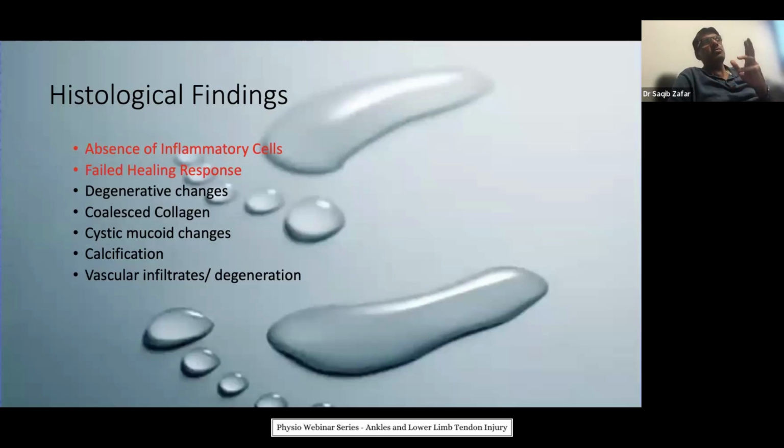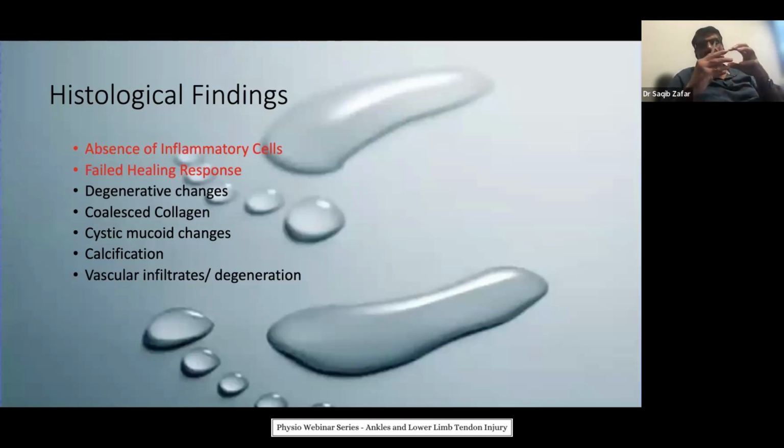Rather, it was shown that it is a tendon which has been under undue, unnecessary stress, or a tendon which has been affected by other pathologies, as I highlighted in my previous slide, and was trying to heal, but actually did not manage to heal itself properly and resulted in a failed healing response, which is caused by degenerative changes.